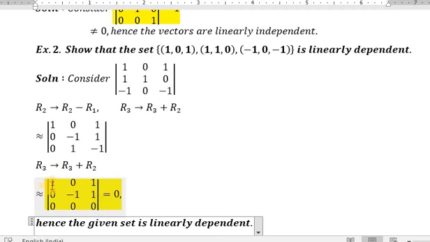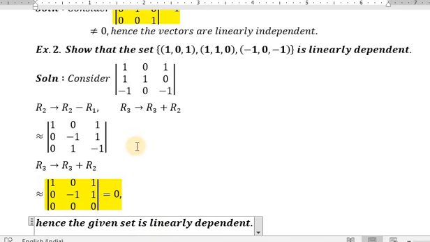Now the determinant of these vectors is 1 into 0 minus 0, 0 into 0, and 1 into 0, which is nothing but 0. The determinant of the given vectors is equal to 0, so we get linearly dependent vectors. Hence the given set of vectors is linearly dependent.